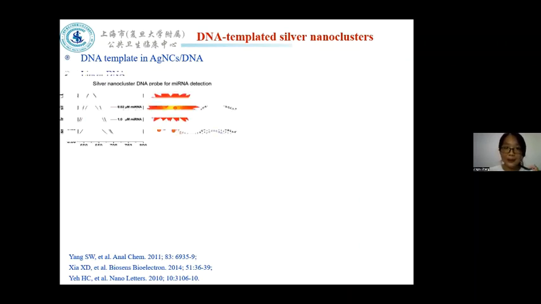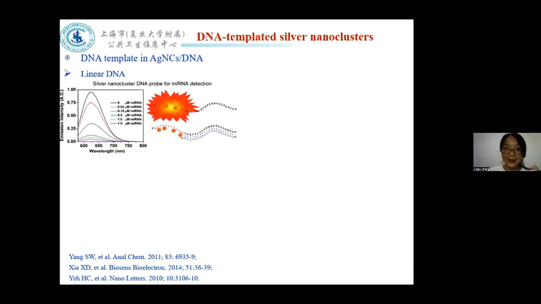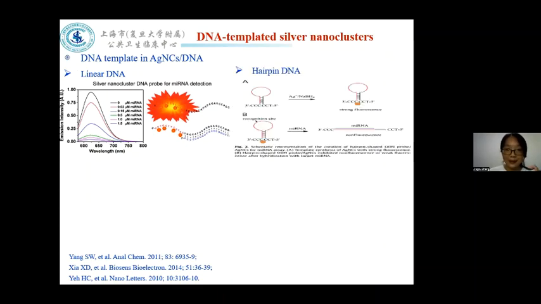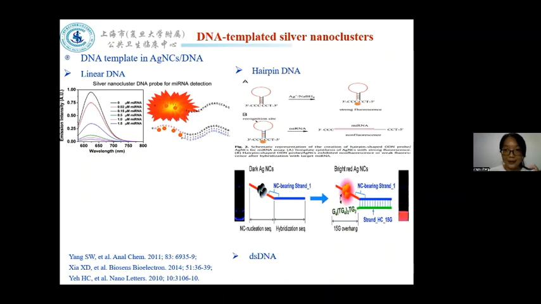What are DNA templated silver nanoclusters? They are silver nanoclusters generated along linear DNA, hairpin DNA, or double-strand DNAs, especially DNA that has a C-rich region, which would collect silver ions.